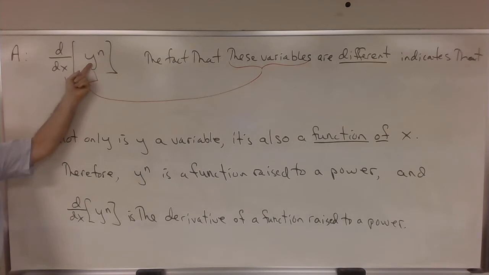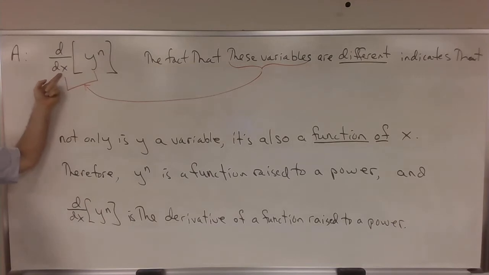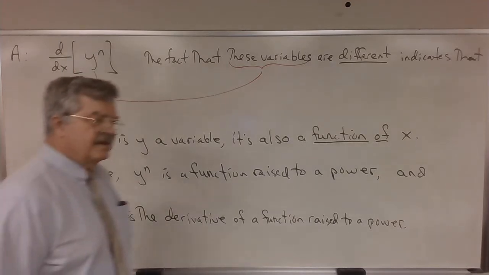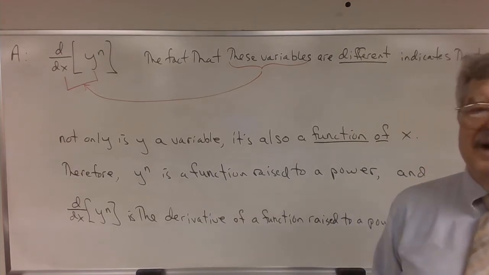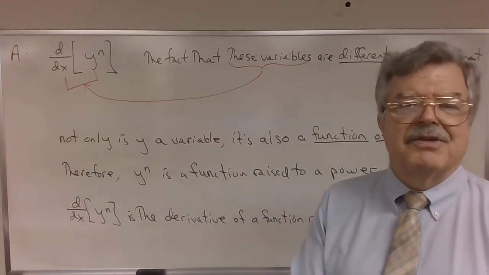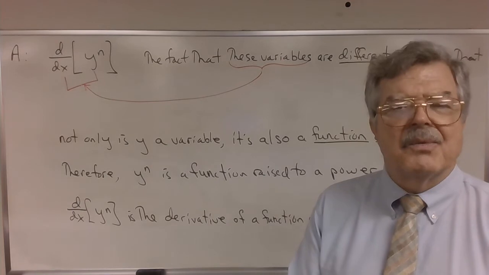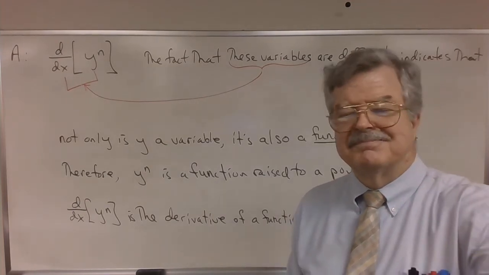Not only is y a variable, y is also a function of this variable. And that makes y to the n a function raised to a power. So let's see how well we got this concept. Let me put a bunch of things on the board and let's work our way through them.